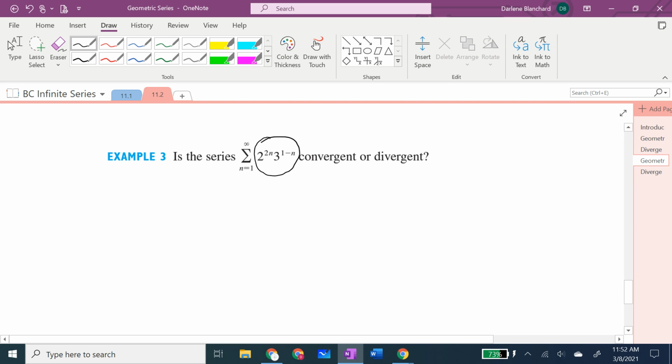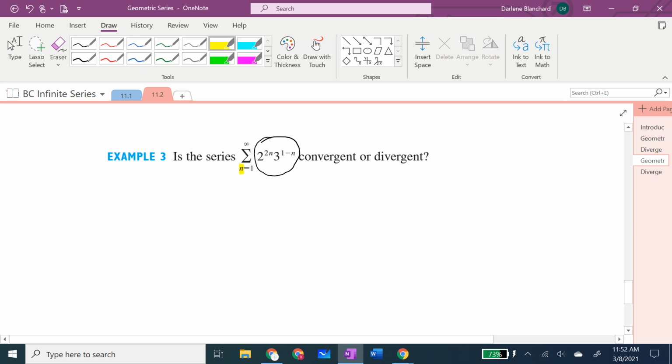Look at that formula. In the future, you're going to need to look at that formula and quickly identify it as a geometric series. So here's what you need to notice.